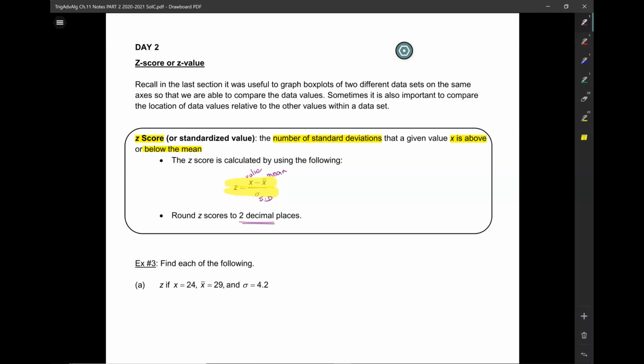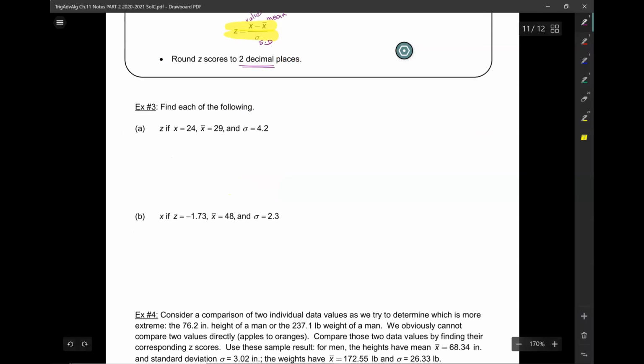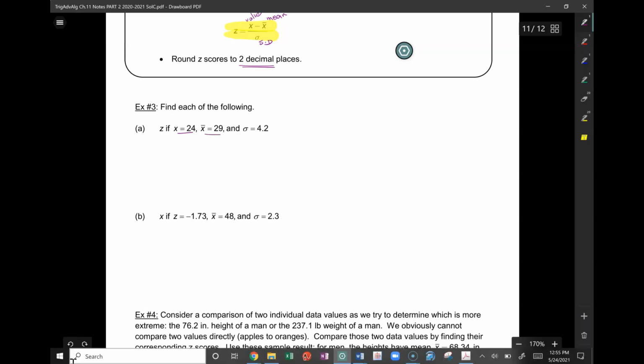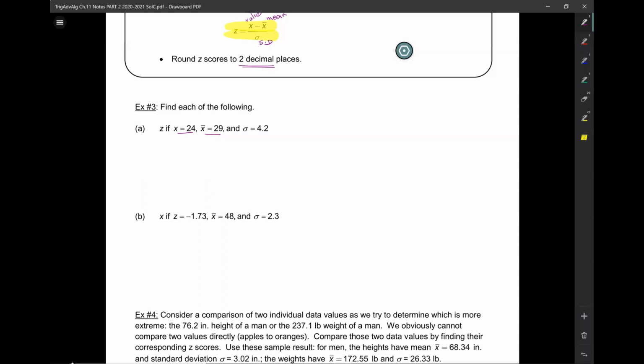Okay, so let's find some values here. We're given x is 24, x bar is 29, sigma is 4.2. We need to find z. So z is x minus x bar over sigma.